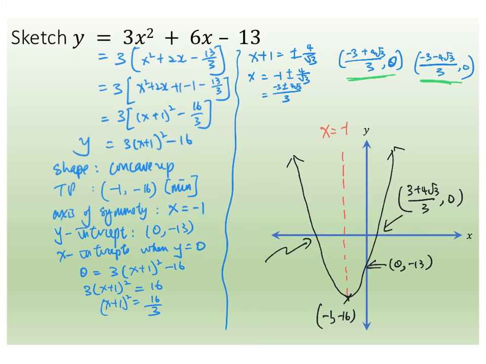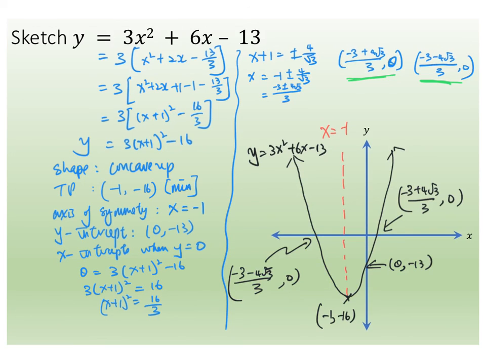This point here is (minus 3 minus 4 square root of 3)/3, 0. And finally, we need to label the graph. y equals to 3x squared plus 6x minus 13.